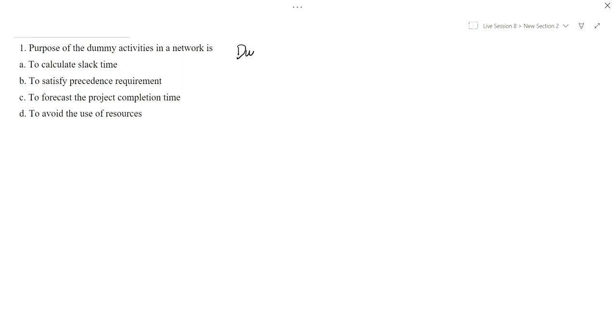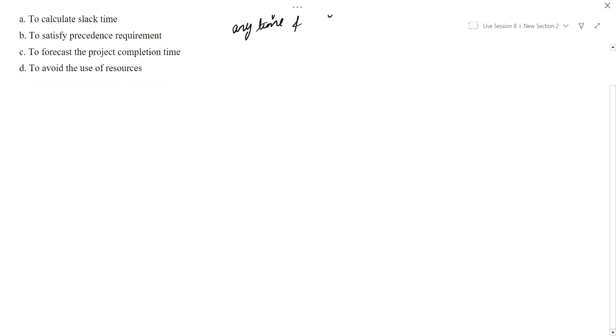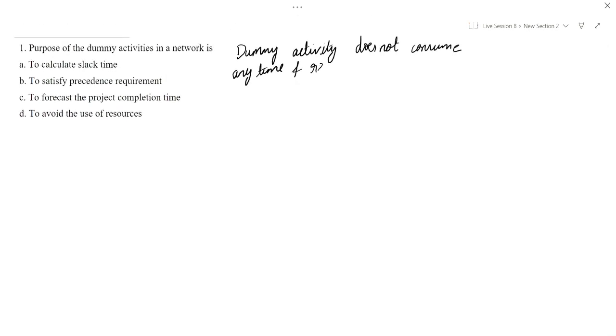Dummy activity does not consume any time and resource. Dummy activity does not consume any time and resource.